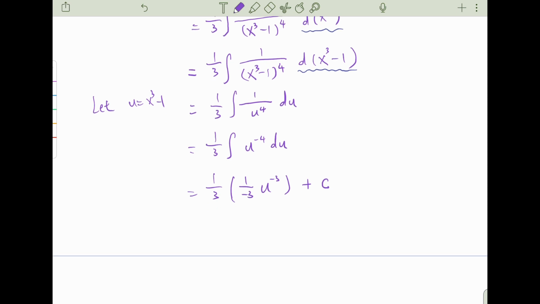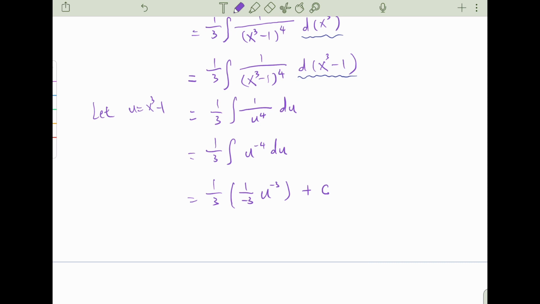And now I will need to substitute the u back into this expression. So it becomes negative 1 over 9 times x cubed minus 1 to the negative 3, right? So that is 1 over this cube, right?